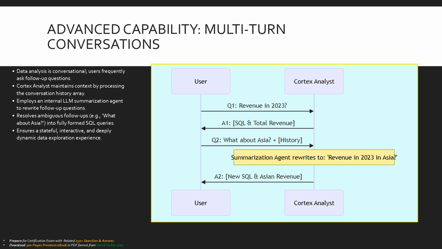Let's trace exactly how a multi-turn conversation flows on this sequence diagram. The sequence begins at the top with user question 1, asking for 2023 revenue. This leads to an initial SQL generation and answer 1 returning the total revenue. Then, the user asks question 2, which is just a fragment: what about Asia? Instead of processing this fragment blindly, the client application sends question 2 along with the entire conversation history back to the Cortex Analyst API.